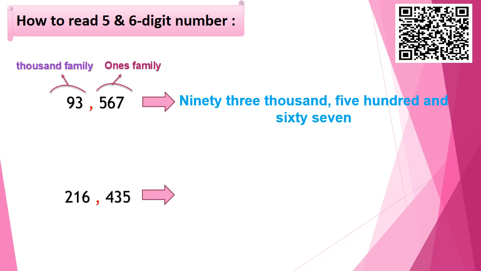Another example. We have here 6 digits. Never mind, we have 2 families: the family after the comma and the family before the comma, the thousand family and the ones family. We start reading from the left. Read the thousand family first, and when you see a comma, say thousand.